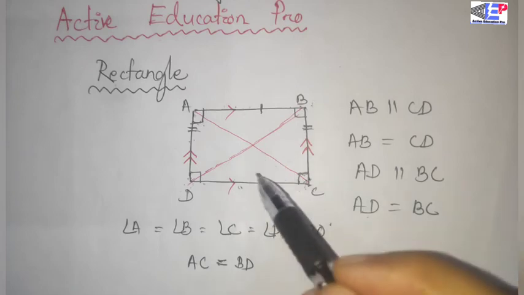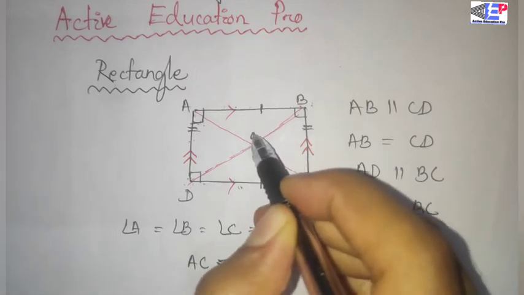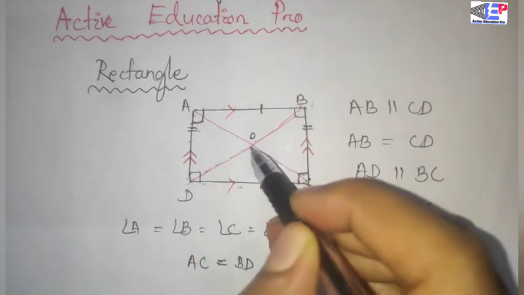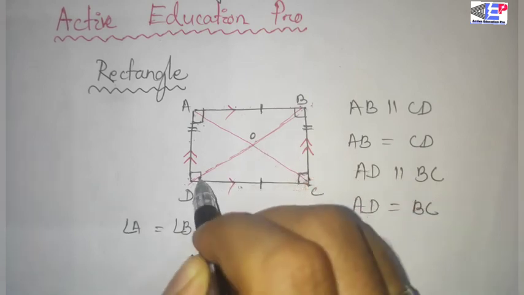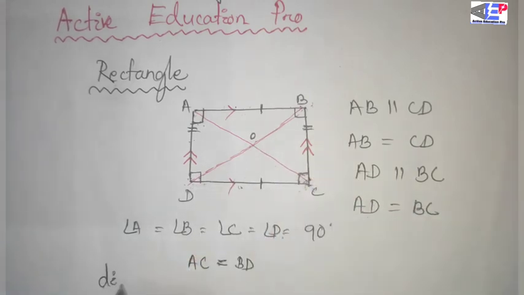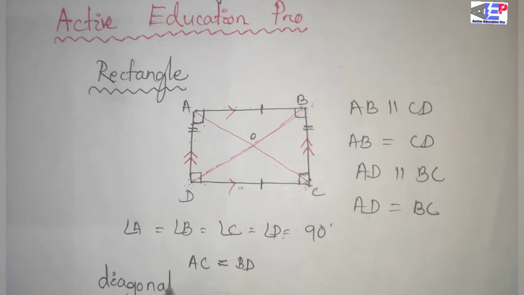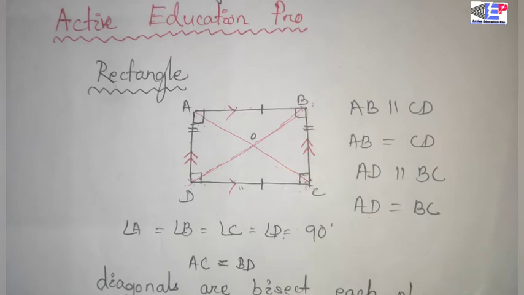So if the intersection point of the diagonals is O, then OA is equal to OC and OB is equal to OD. So here the diagonals bisect each other.